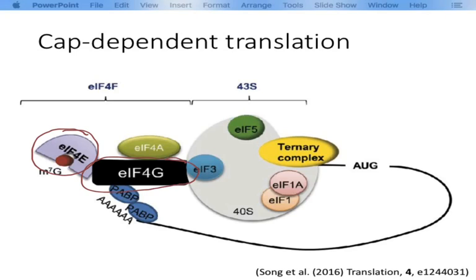What's the role of 4G? Scaffold protein, good. And what else? EIF4A. A is what? Helicase, good. And then there are other ones too. So 4G also helps to complex the small ribosomal subunit, and it also helps to complex the poly A binding protein. Okay.